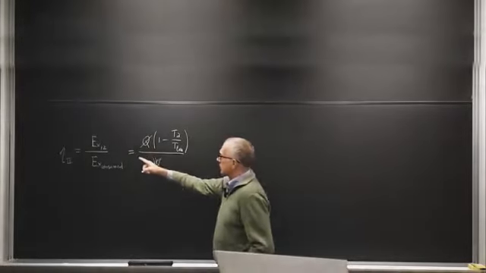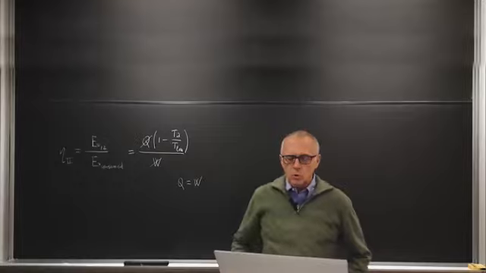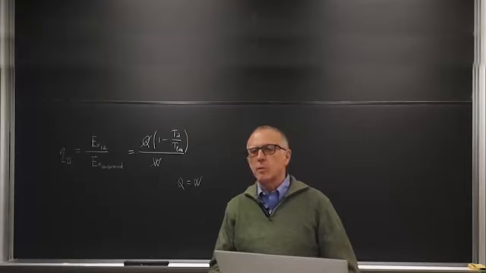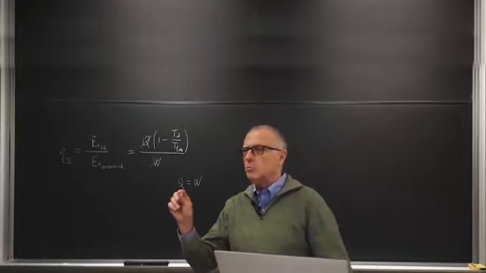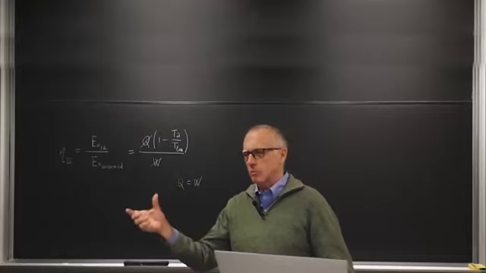So we are left that the second law efficiency is equal, in this case, to 4%. So 4%, and this is the kind of efficiency that signals how much room for improvement there is. So there is 96% room for improvement.